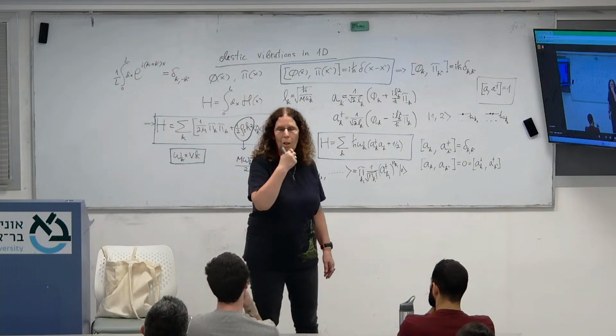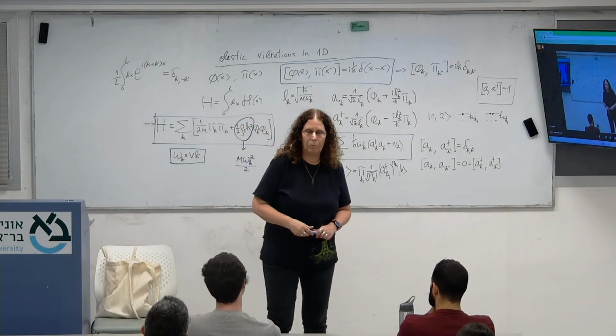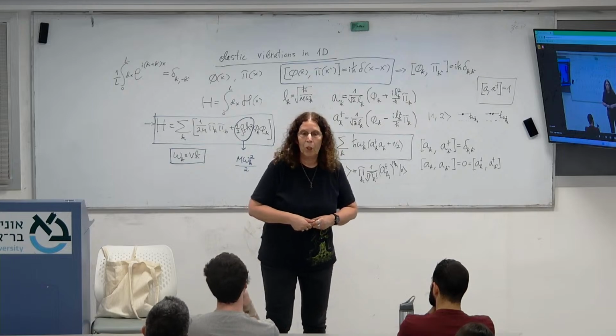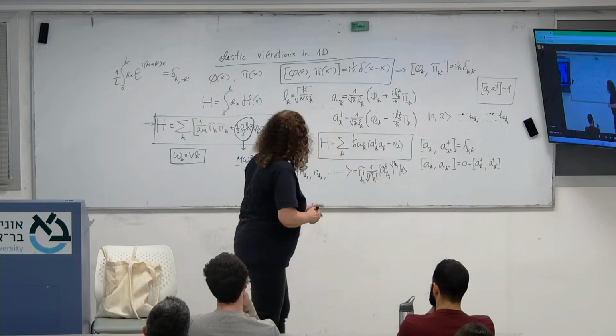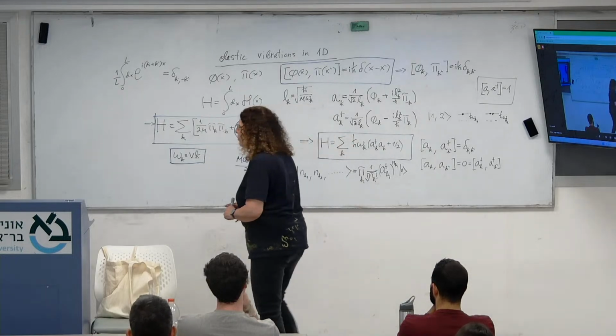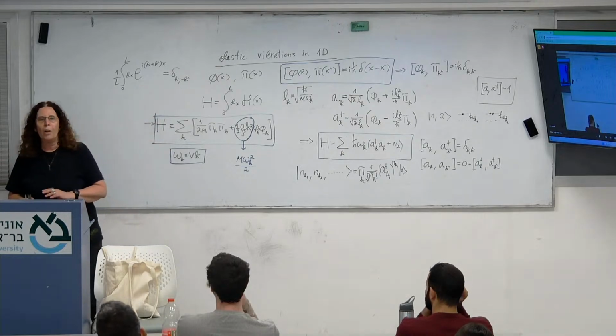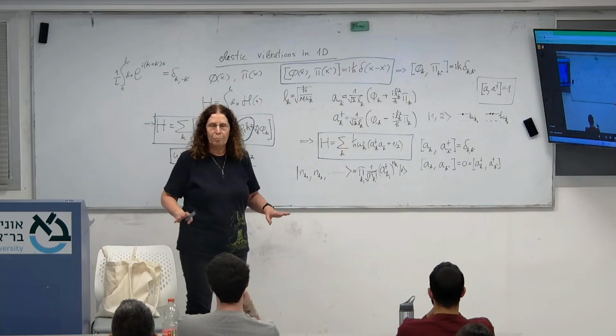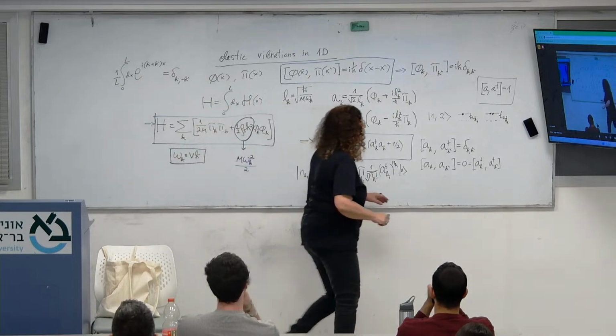In principle, k can be arbitrarily large, right? But if that's the case, the ground state is infinity. No, the ground state is a state where there are no phonons, zero phonons. But we still have the second term in the Hamiltonian.